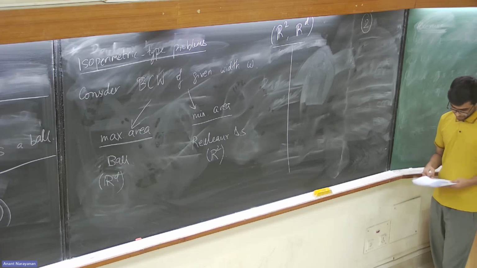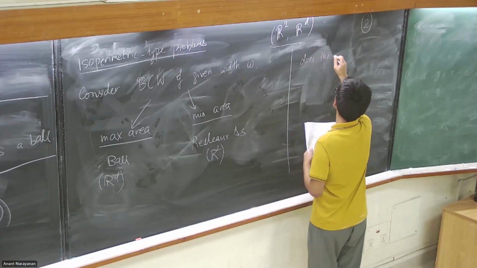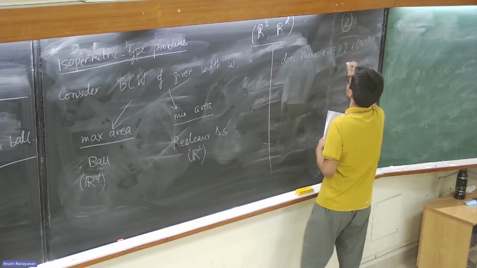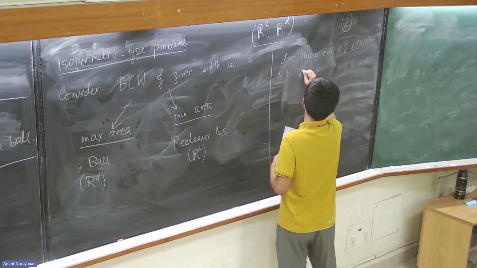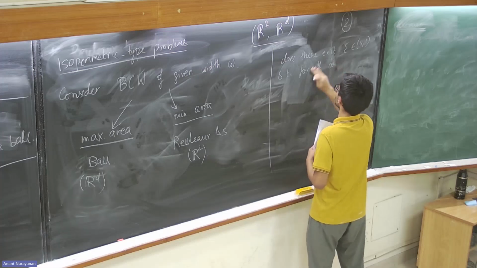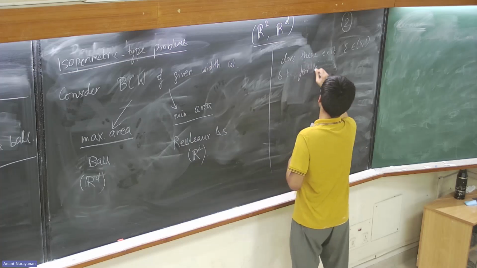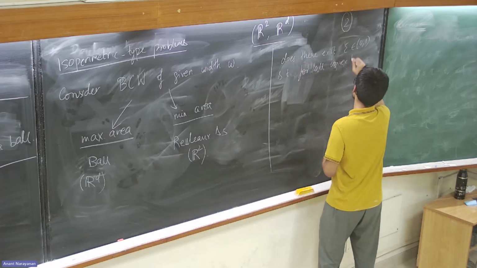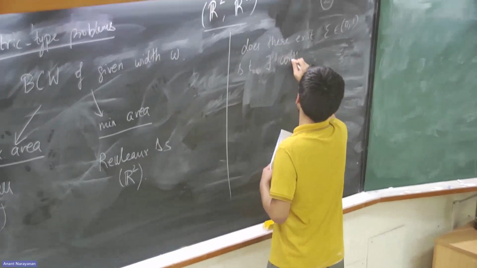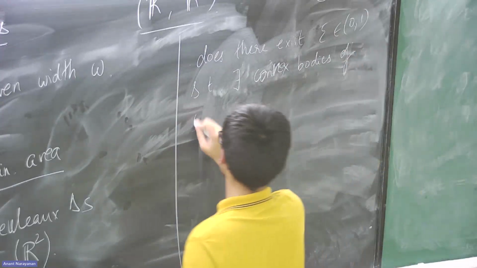What he asked was, does there exist an epsilon in (0,1) such that there exist convex bodies of constant width 2?